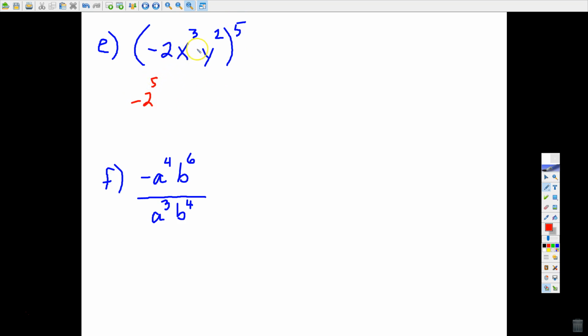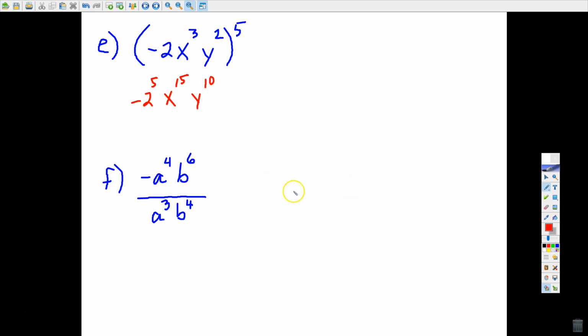Every one of these terms being multiplied together needs to be raised to the 5th power. So what happens when I raise a power to a power? Well, remember that property says you write the base and you multiply these together. 3 times 5 is 15. Okay, when I raise 2 to the 5th power, I write the base and then I say the exponent is 2 times 5, which is 10.